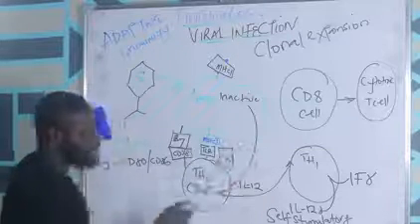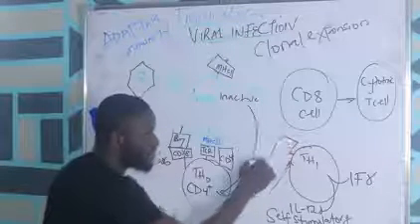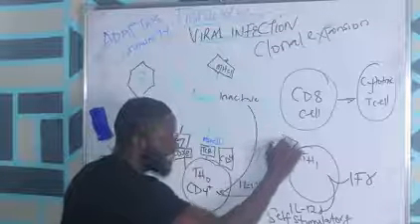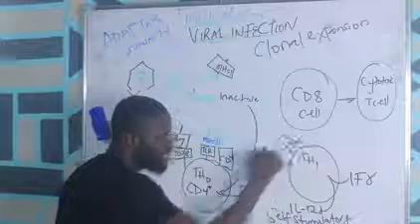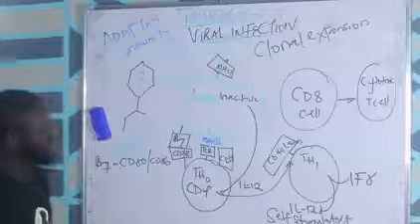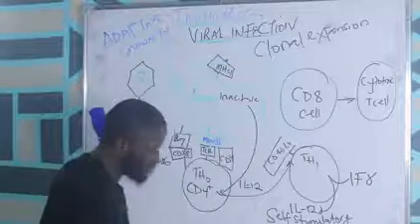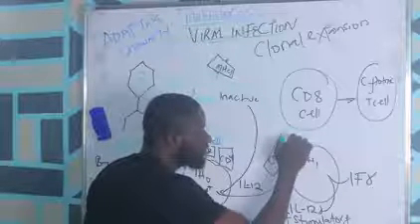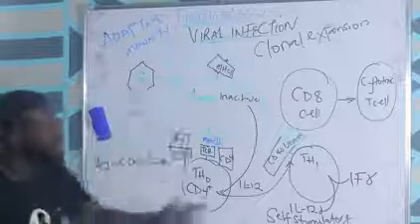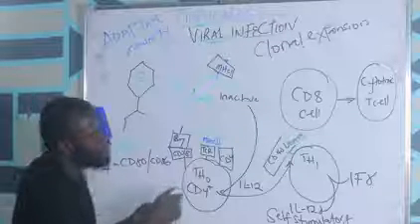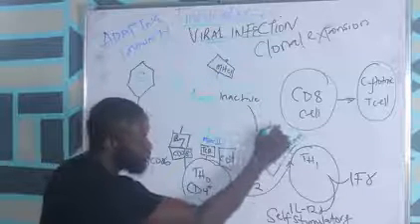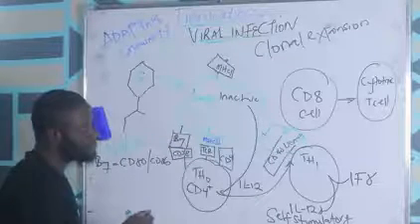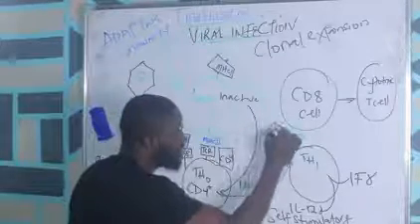On the body of the TH1, we have our CD40 ligand. On the body of the macrophage, we have our CD40. It has always been there. I didn't just write it.